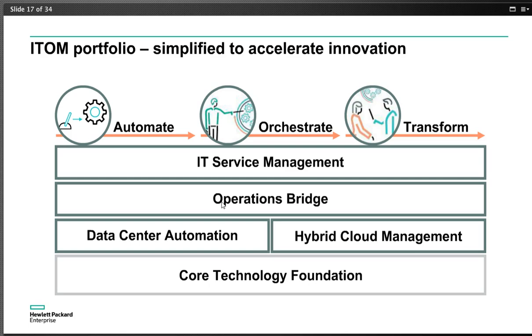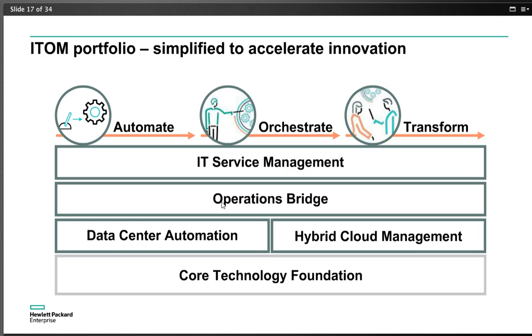There are IT service management for service desk space, help desk space, operations bridge for the monitoring silo of IT, as well as being the event consolidation layer for the IT. And then data center automation solution, which we'll talk a little bit more about going forward, primarily targeted towards infrastructure management lifecycle.